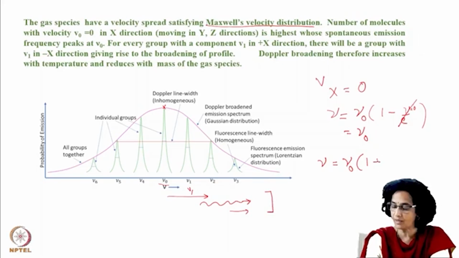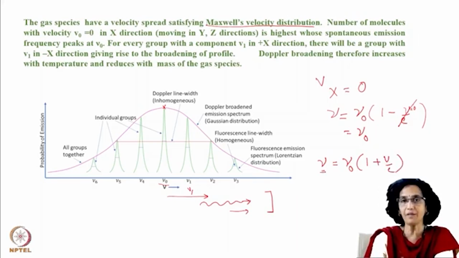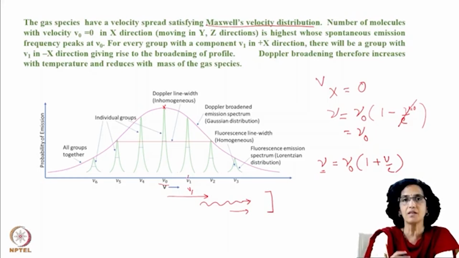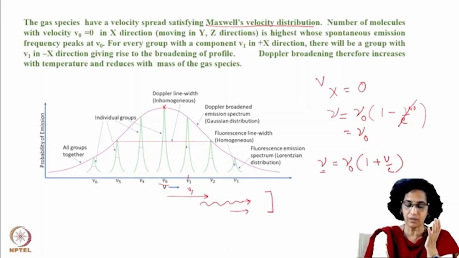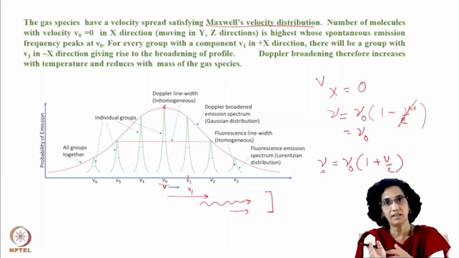So the frequency will be blue shifted, and the new frequency perceived as emitted by these species will be nu 1, which is blue shifted. Once again, all these molecules having a velocity v1 will have their own natural spread, and therefore this is the curve that we see, emitted by the group of molecules which have a velocity v1 in the x direction.